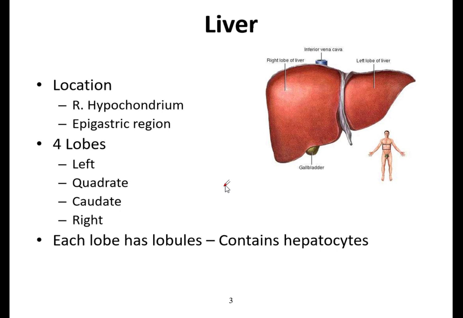If I talk about the position, the liver is in the upper right side, just below the diaphragm, and we know that the liver has high regeneration power. The location is the right hypochondrium and the epigastric region, right?